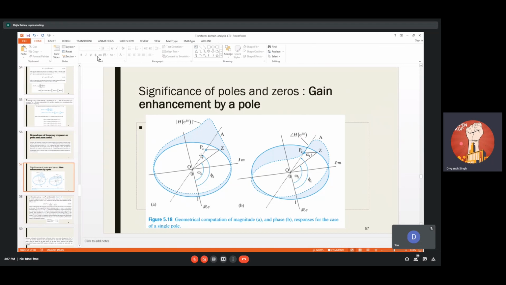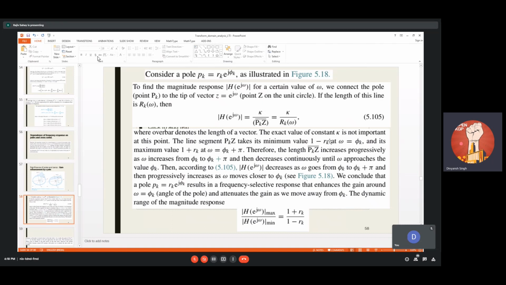The pole is small rk e^(j phi k). OPk is written as small rk e^(j phi k). So now when Z goes here, OZ is equal to 1, OPk is equal to small rk. So this distance PkZ is equal to 1 minus rk. That is, the line segment PkZ takes its minimum value 1 minus rk at omega equal to phi k.